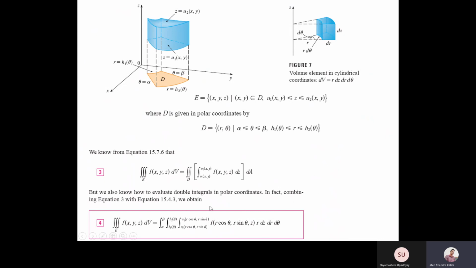Of course, you know the range of alpha and beta. Here beta minus alpha is less than or equal to 2 pi. They of course lie between 0 and 2 pi. So this is what it is.